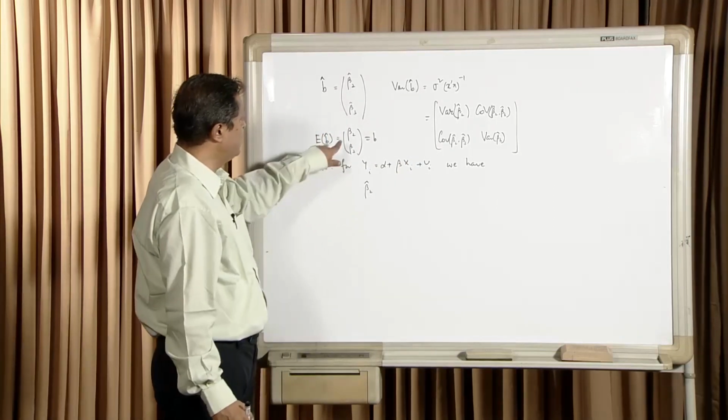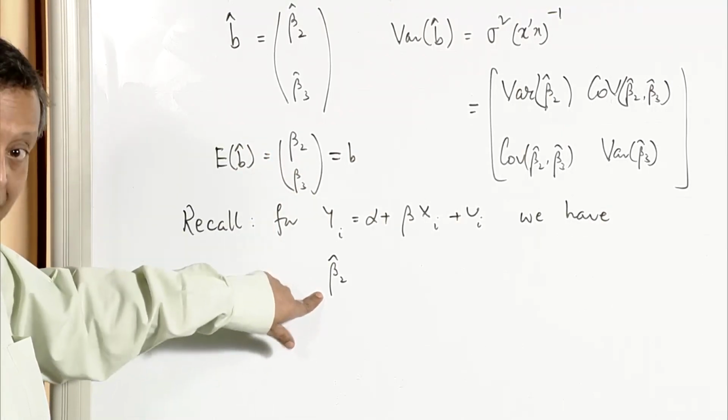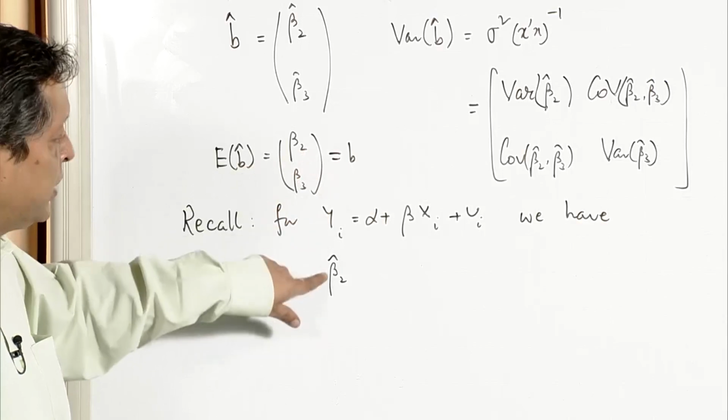This is different from the beta 2 hat in the three variable model. We are trying to go to this result analogically using the two variable model.